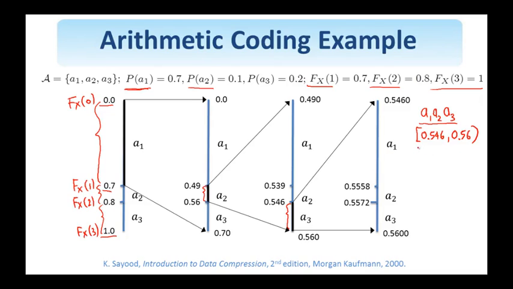Typically, the middle point of this interval is chosen as the tag, and there are also recursive ways to compute the tag, as well as the boundaries of each of the subintervals each time I take a subinterval and further subdivide it. So this is the basic idea of how a tag is generated.